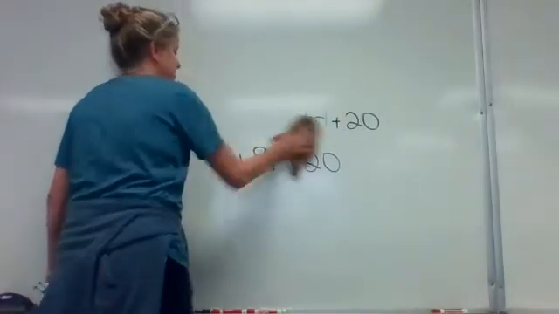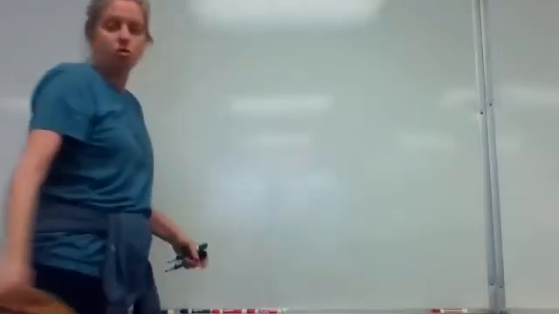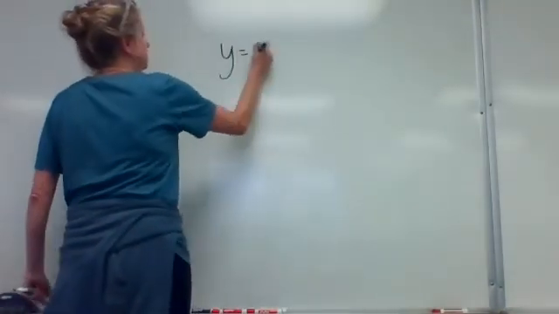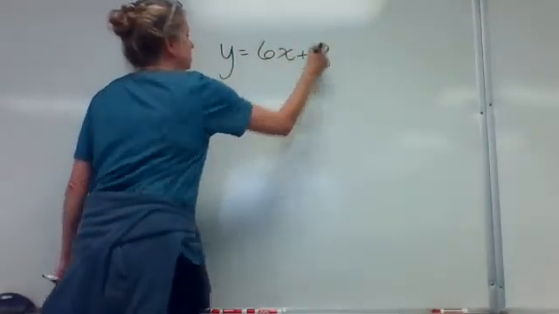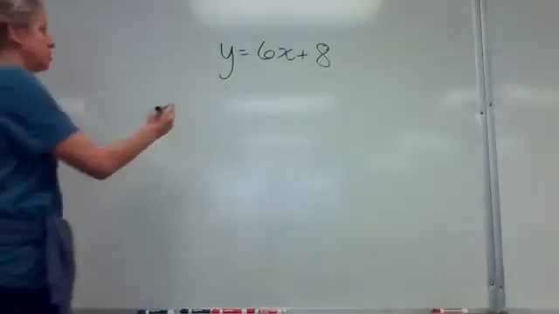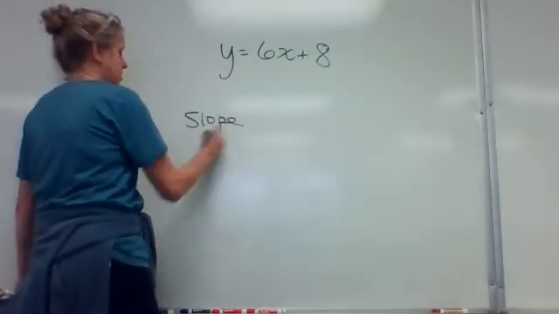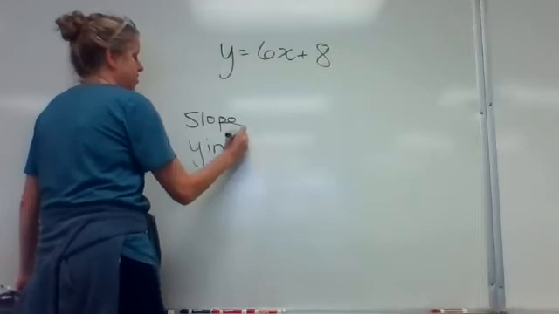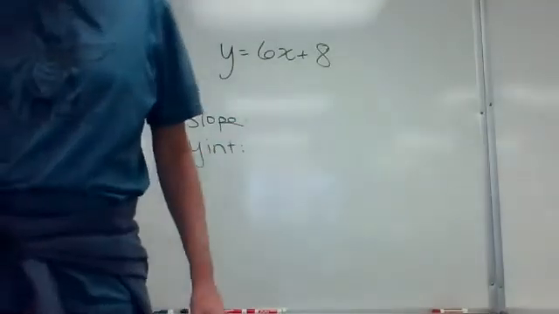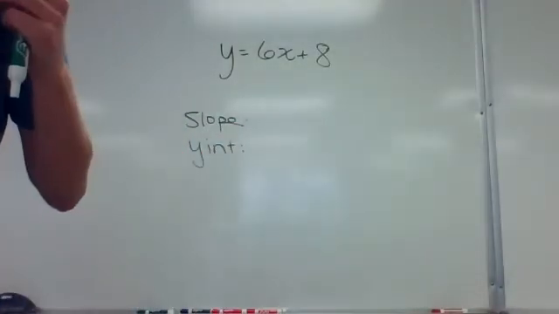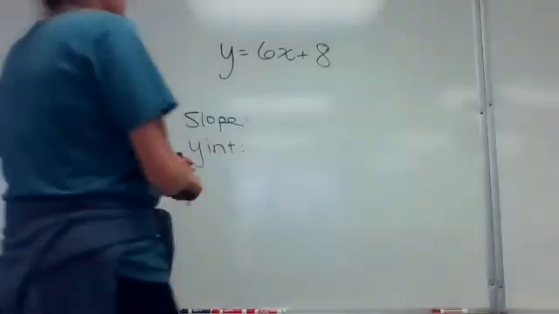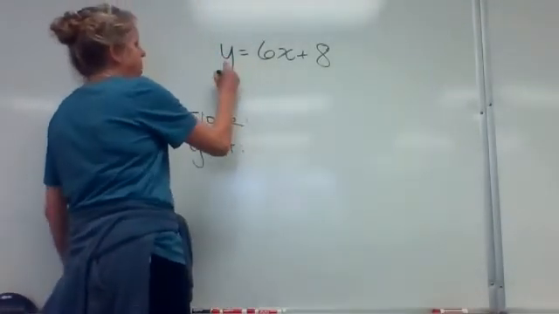Number 4 gives you the equation of a line, y equals 6x plus 8. It wants to know the slope and the y-intercept. Okay, now the slope of the equation, this is in mx plus b form already for us.